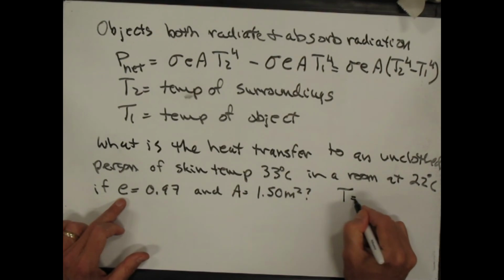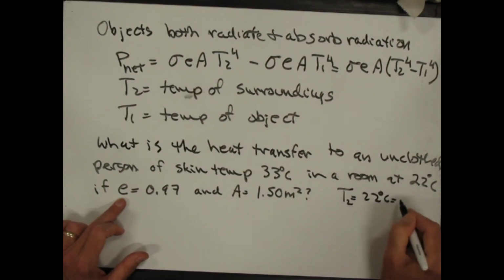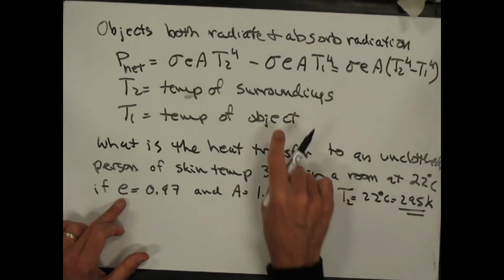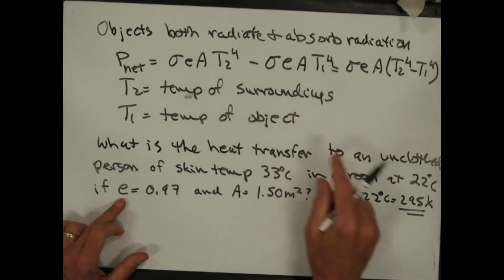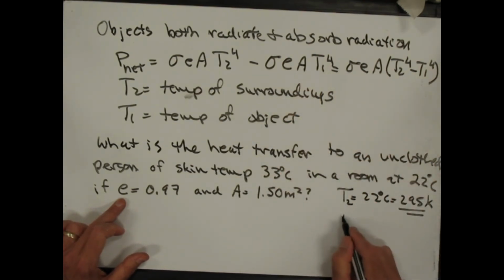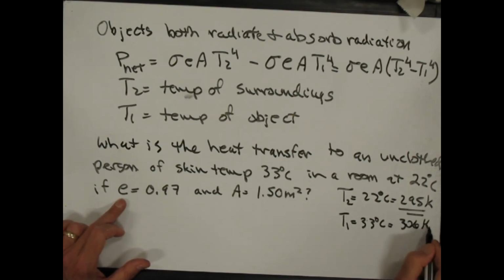T2 is the temperature of my surroundings, and so that's 22 degrees C, which is 295 Kelvin. It's really important that you get the Kelvin in here. These only work for Kelvin, and so you'll see problems where the temperatures are in Celsius, and you'll have to correct that. And so this is 33 degrees C, which is 306 Kelvin, right?